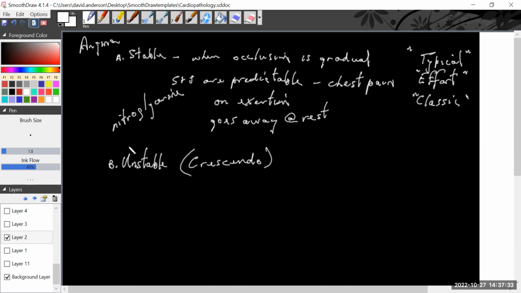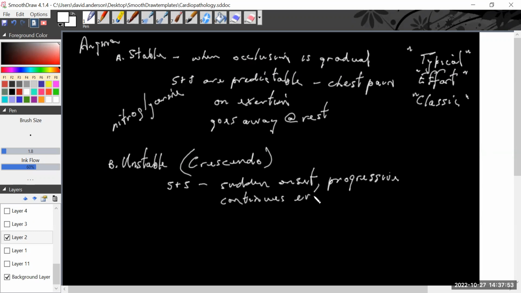So the other thing about the symptoms here: sudden onset, we mentioned, may be progressive and continue even at rest.